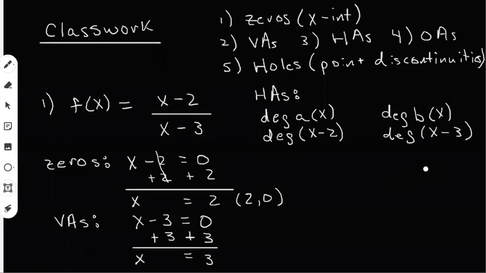It literally means the highest exponent. And the highest exponent on the top is going to be 1. Same way with the bottom. The highest exponent is going to be 1. So these two sides are going to be 1, which means they are equal. So I'm going to put my equal sign down, and I'm also going to put equals right here and right here, just to make everything look good and neat.